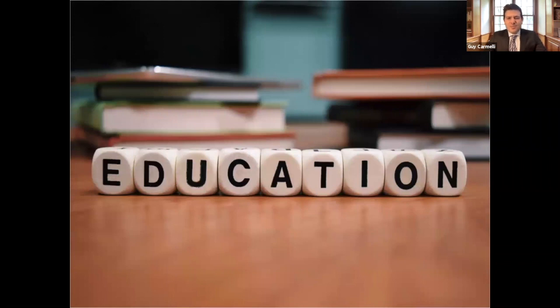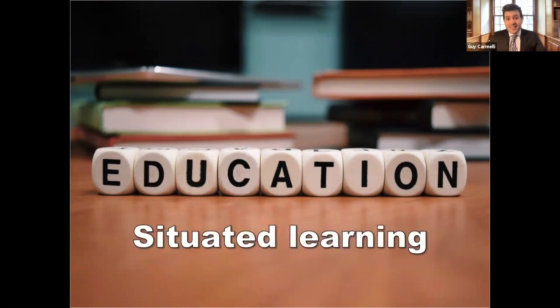Now, the reason a legitimate peripheral participation leads to learning is due to the theory of learning that is situated learning. So here, unlike behavioral and cognitive theories of learning, which could occur independently or in a classroom, situated learning has a social cultural basis and occurs with active participation within a society or a community.